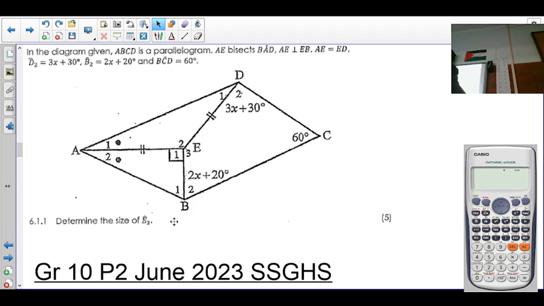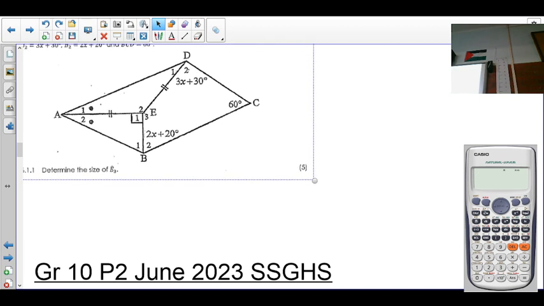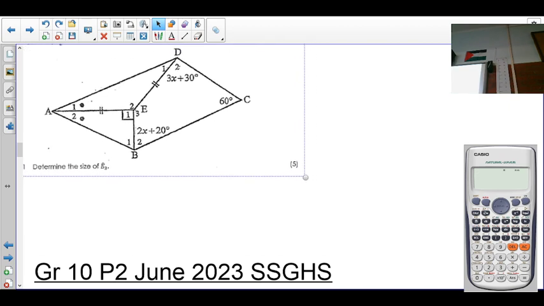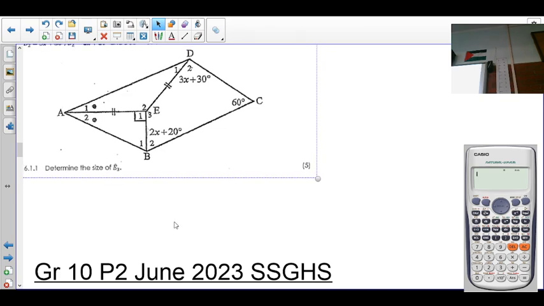So to calculate E3, I'm going to make this a bit smaller. For us to calculate E3, I surely need to calculate E2. Once I have E2, I can go with angles around a point or revolution. Can you see that, people? So we know that at this point we can calculate the size of A1.